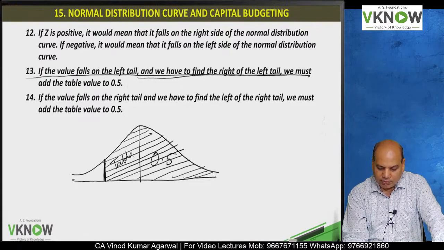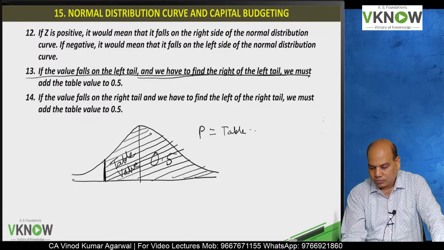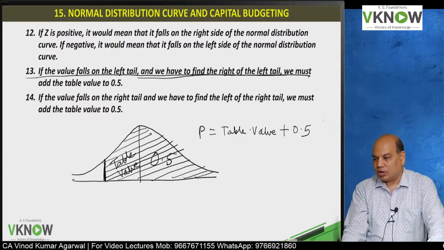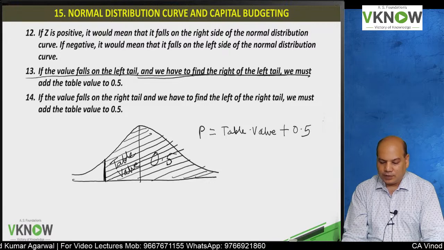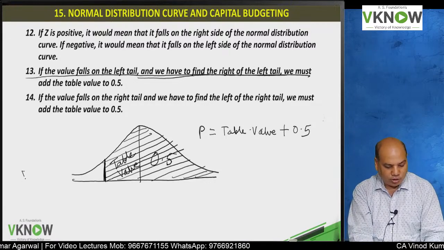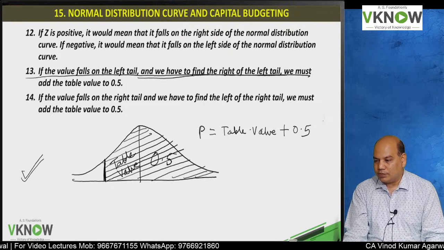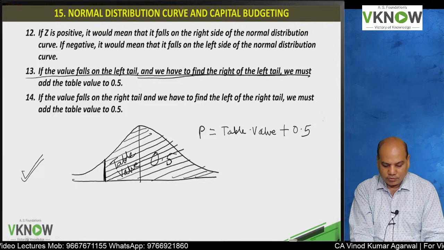We will find the table value, and the probability will be table value plus 0.5. If the number is on the left tail and we have to find the right of the left tail, this diagram you will draw in the second box.